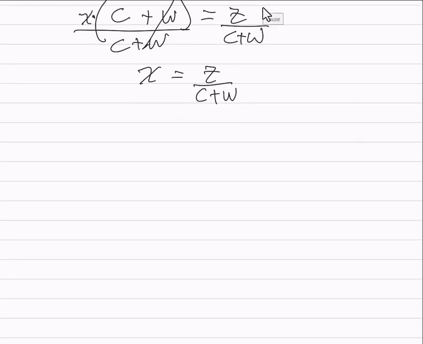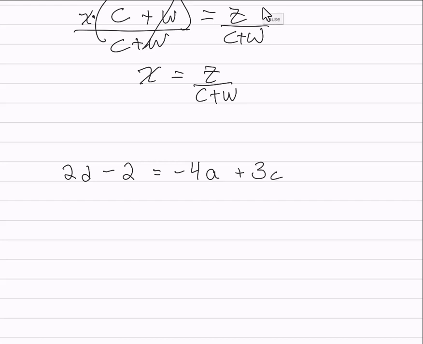Alright, let's see. Let's say I had 2d minus 2 equals negative 4a plus 3c.